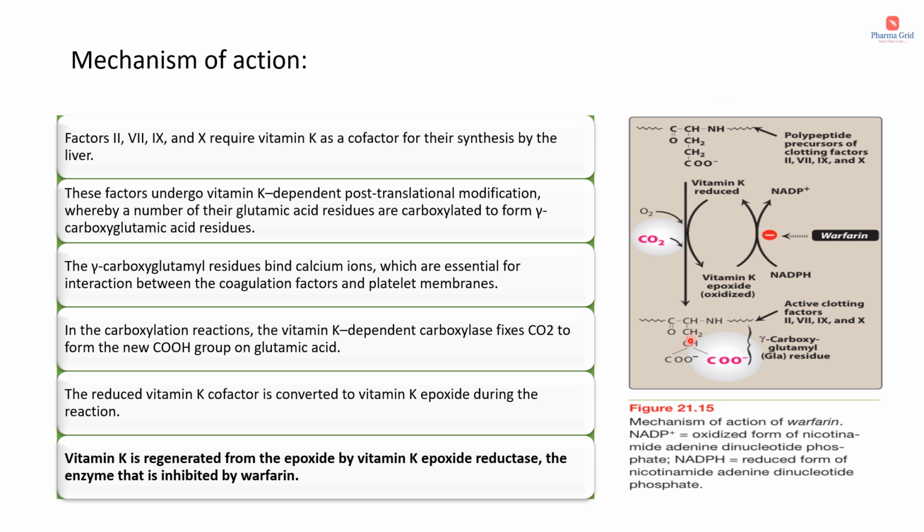So this is the process of the carboxylation reaction. In this reaction, the vitamin K dependent carboxylase fixes carbon dioxide to form the new COOH group on the glutamic acid. Here you can see the structure of the gamma carboxyglutamic acid residues. During this reaction, the reduced vitamin K cofactor is converted to vitamin K epoxide.